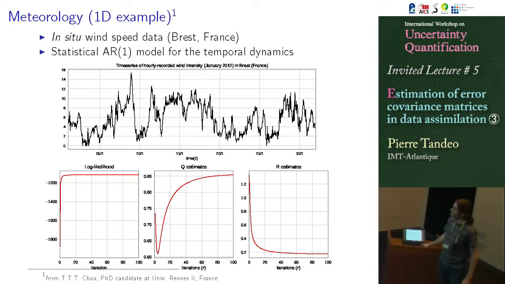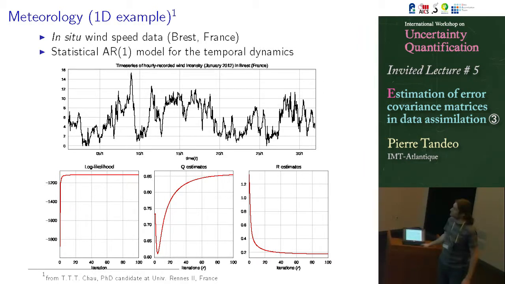Maybe an AR1 model is too simple, but we try with this simple model. We assume that the dynamic is given by that, and we want to know the error of this simple statistical model, and also the error of the instrument that measures the wind speed. So I apply the EM algorithm.